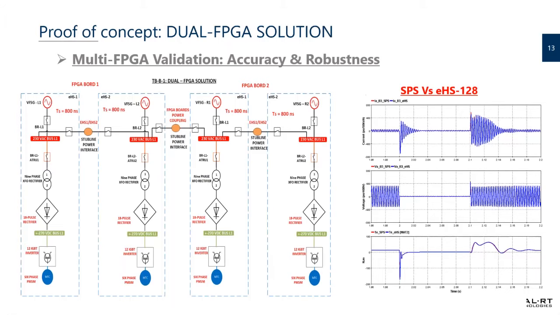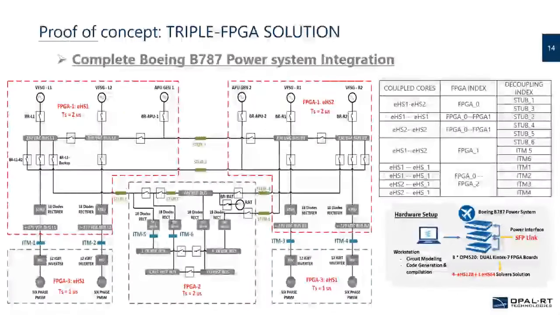So once the solver accuracy was validated with the separated circuits, and the power decoupling element interface was validated between solvers and between FPGAs, now we were ready to integrate the complete Boeing B787 power system to show the robustness of the platform.